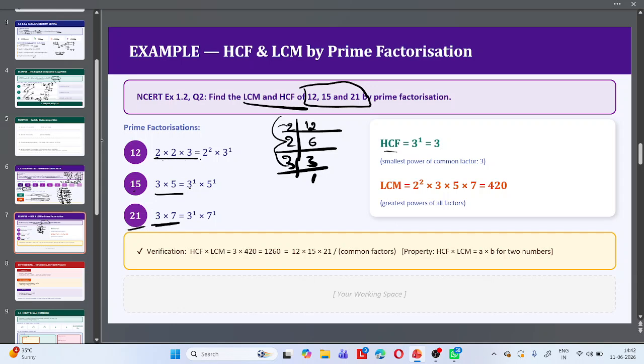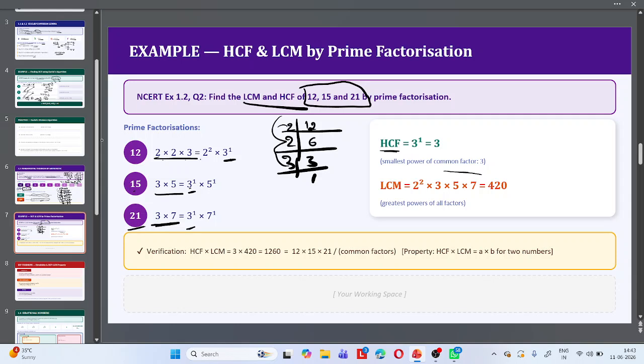For HCF we consider the smallest power of the common factor. First we consider which is the common factor from these three, which is 3. Here 3 is there, here also 3, here also 3. First we write 3. Later consider the smallest power from these three, which is 1, right? This is the HCF. For LCM we need to consider every prime factor.